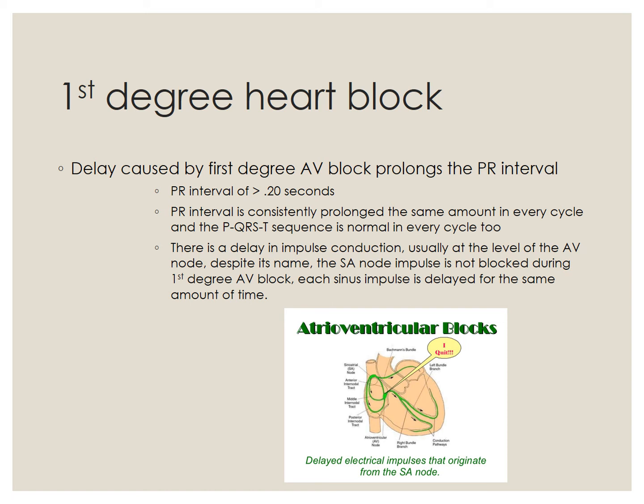Okay? The PR interval is consistently prolonged the same amount in every cycle, and the PQRST sequence is normal in every cycle too. Okay, so this is going to look exactly like your sinus rhythms, but the PR interval is going to be greater than 0.20 seconds. There is a delay in impulse conduction, usually at the level of the AV node.